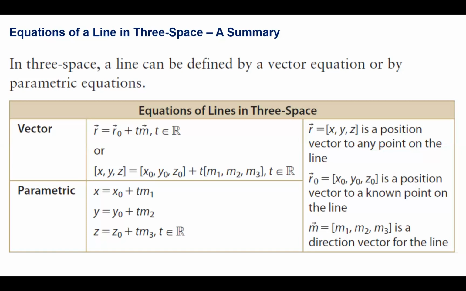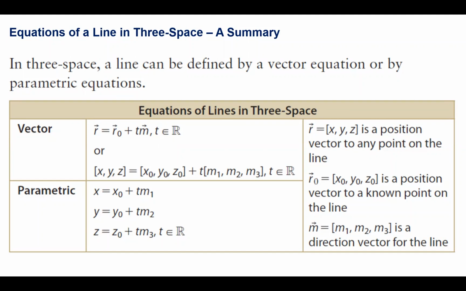Vector (x, y, z) equals vector (x0, y0, z0) plus a real number t times vector (m1, m2, m3). So note that r equals (x, y, z) is a position vector to any point on the line. And vector r naught, whose components are x0, y0, and z0, is a position vector to a known point on the line.